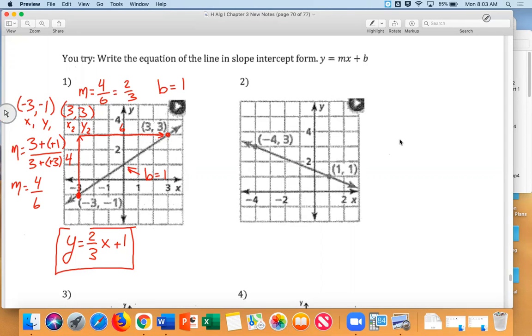Emma, let's look at this one, okay? What is my y-intercept? Is it like 1.5? Okay. Well, what did you get for your slope? For my slope, I got 2 over -5. Okay. So we got -2 over 1, 2, 3, 4, 5. Now, here's the thing.